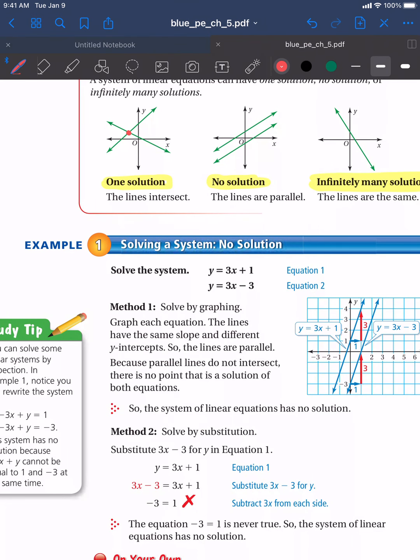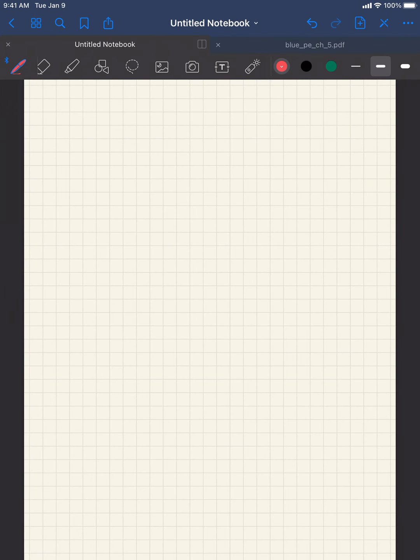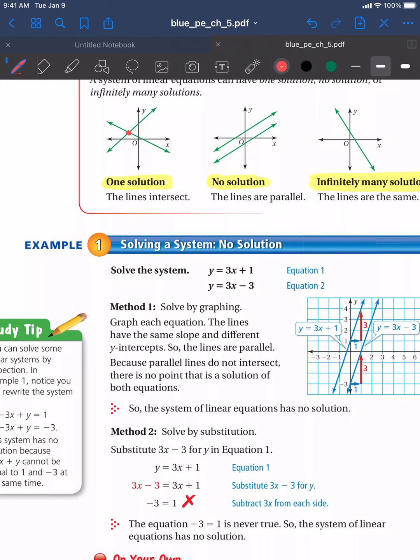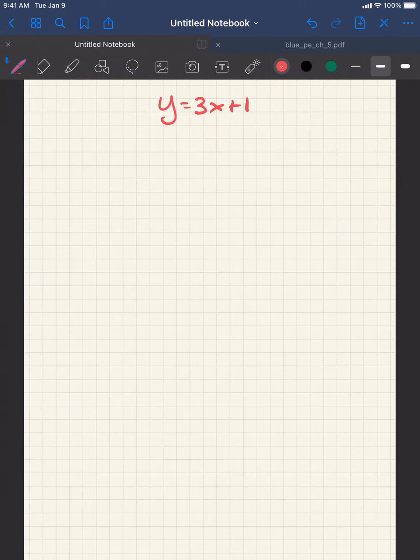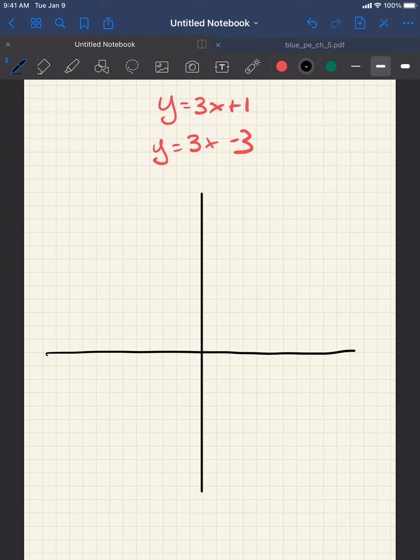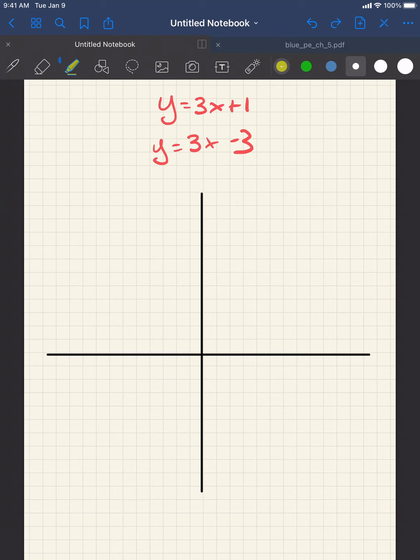Let me write these down. Y equals 3x plus 1. And then the other one was y equals 3x minus 3. Okay. If I had a coordinate plane, how would I graph this first equation? Well, the first thing I do is I look at my y-intercept.